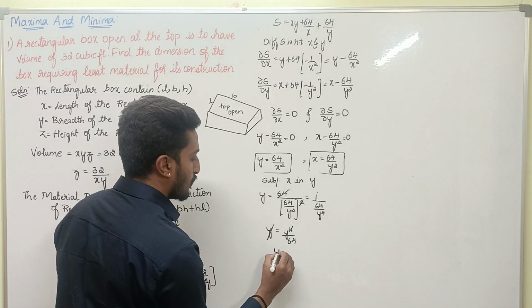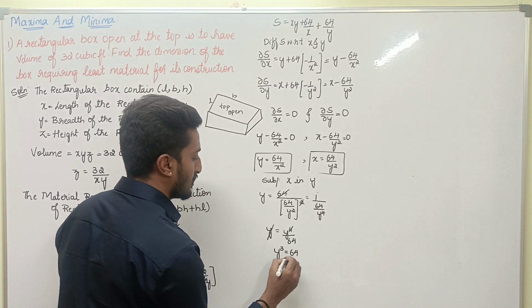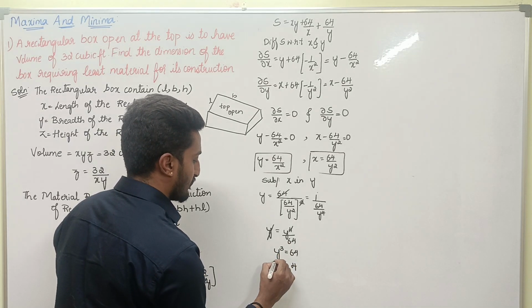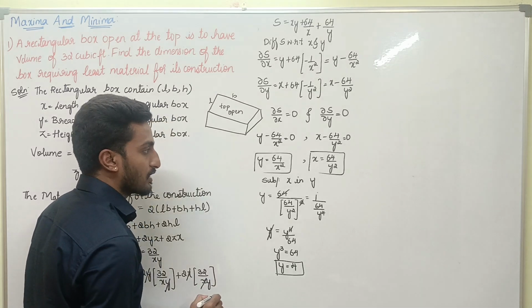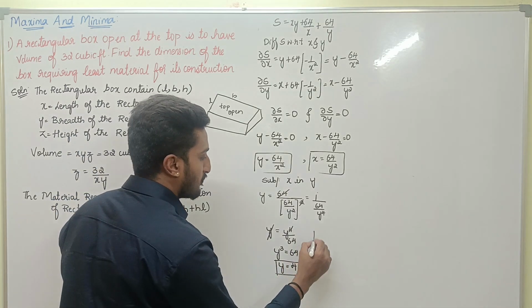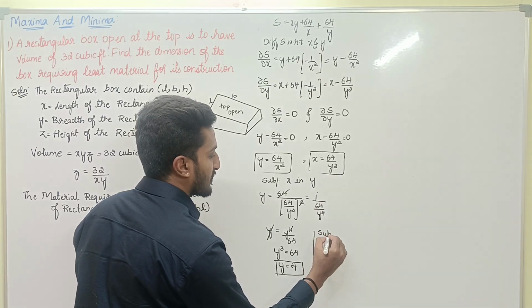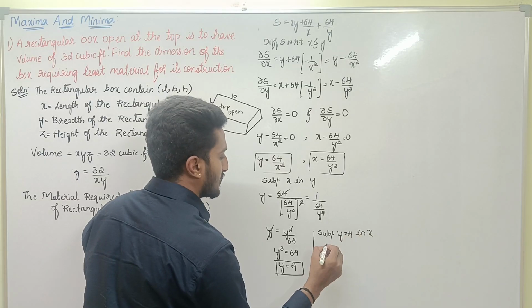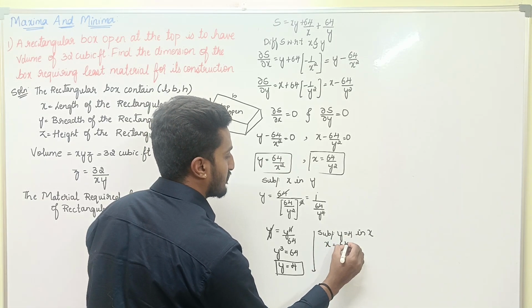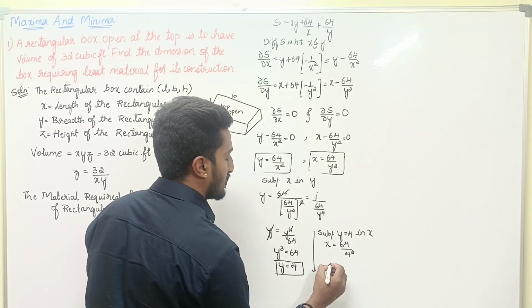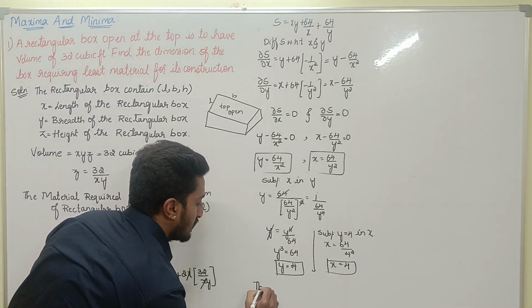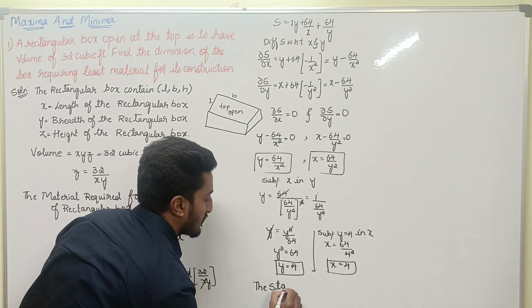Y gets cancelled, y cube equals 64, y is equal to the cube root of 64, which is 4. This is the value of y. Since we have got the value of y, substitute y equal to 4 in x, that is x is equal to 64 by 4 square, that is x equal to 4. This we call the stationary point.